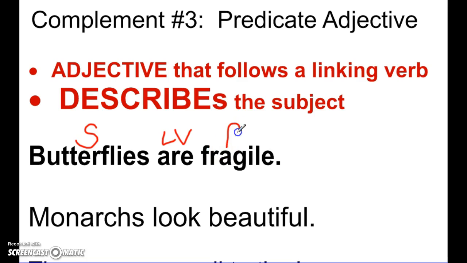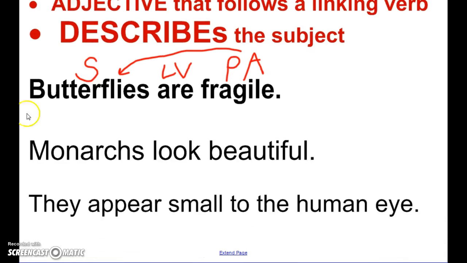Fragile describes what it looks like, how careful you have to be when handling butterflies because they are fragile. It goes back and describes the subject. Butterflies are fragile.